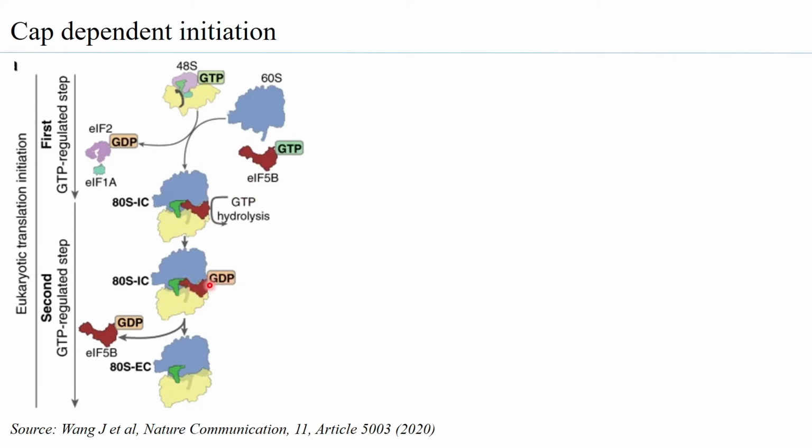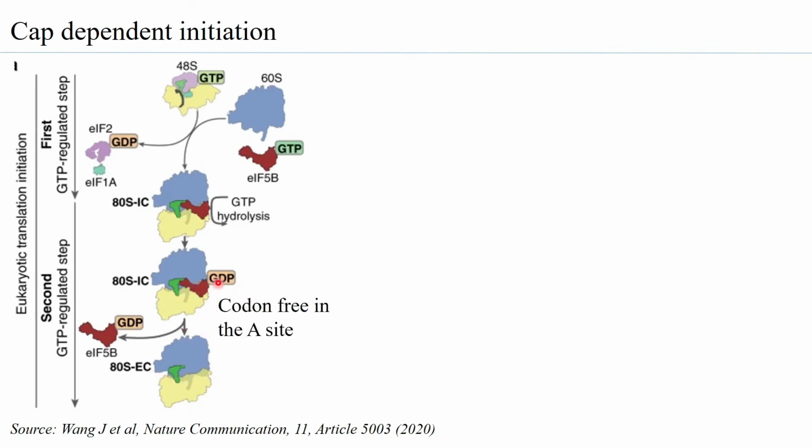Now, in the GDP form, the EIF5B has less affinity to remain bound to this 40S, and it leaves, leaving what is called the 80S, which is now ready to initiate elongation. So this is now going to be called the 80S elongation complex.